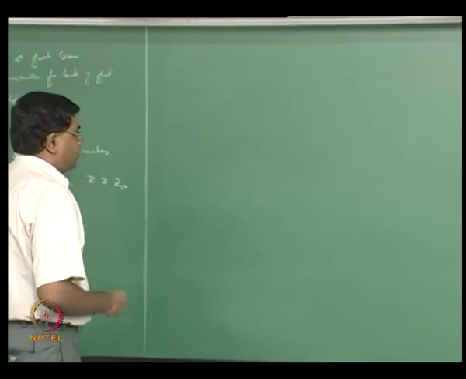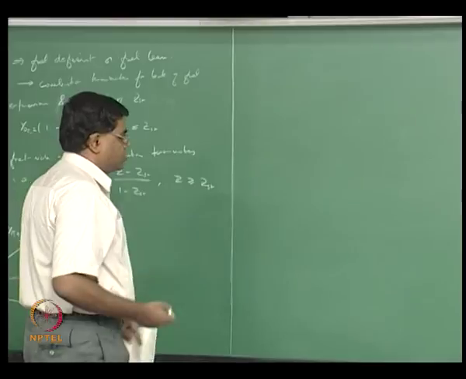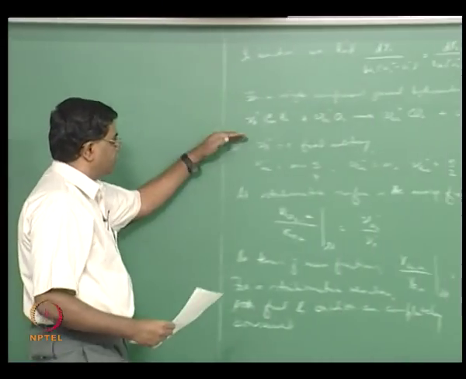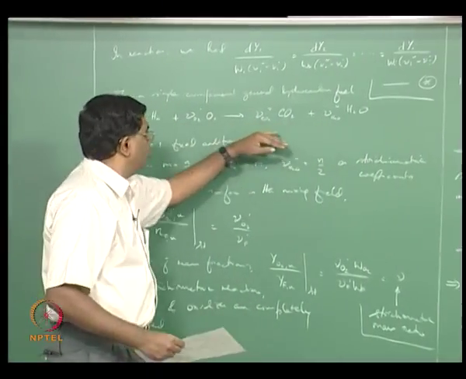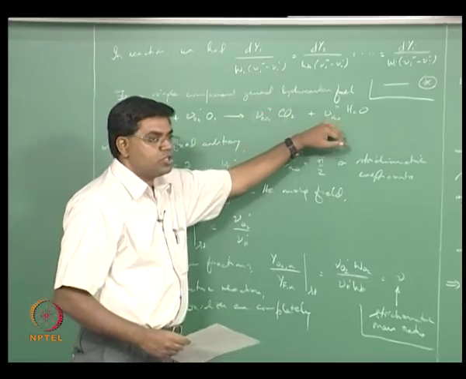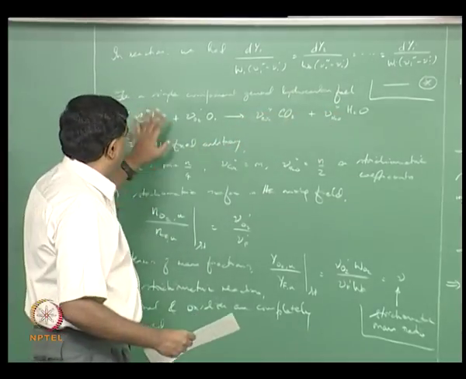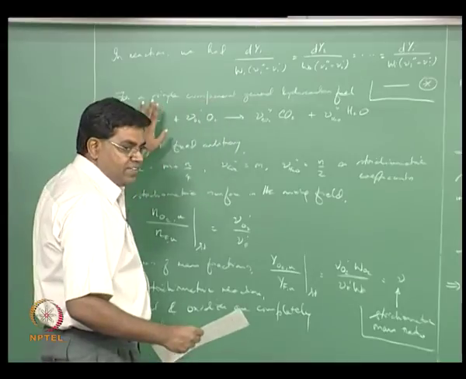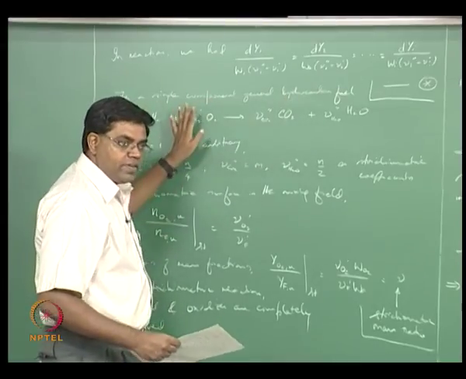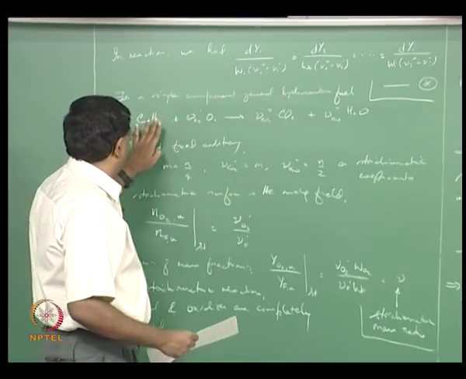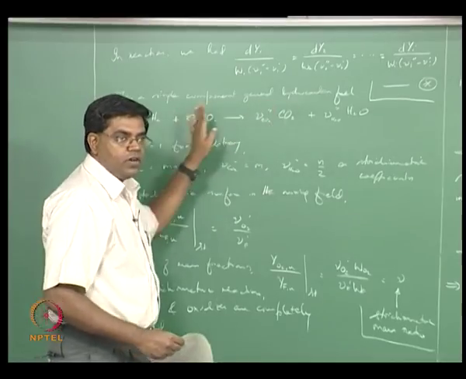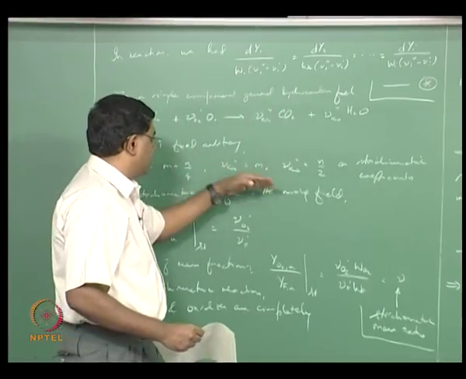So for getting the product concentrations, we should do something similar to what we have done here. In order to obtain your new CO2 double prime and new H2O double prime, all we have done by balancing this reaction is to basically conserve atoms. We compared carbon atoms, hydrogen atoms, oxygen atoms, and then came up with these things.